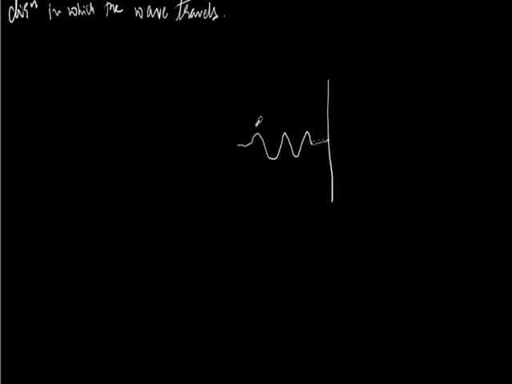This will be a pulse head. The particle vibration is in this direction, that will be perpendicular to the wave propagation direction. Here again we have particle vibration that is vertical, and the sinusoidal wave has a velocity v in this direction. This is the x axis and that is the y axis.